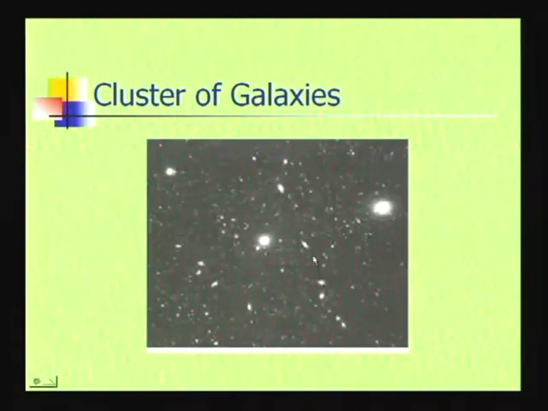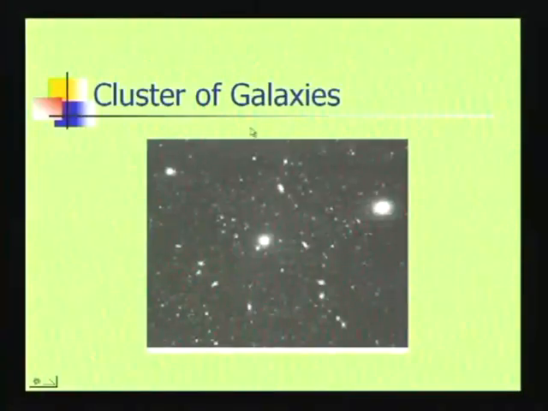Here you find a large number of galaxies in a very small region. And these galaxies are gravitationally bound, just like the sun-earth system is a gravitationally bound system. Similarly, these galaxies are a gravitationally bound system called a cluster of galaxies.